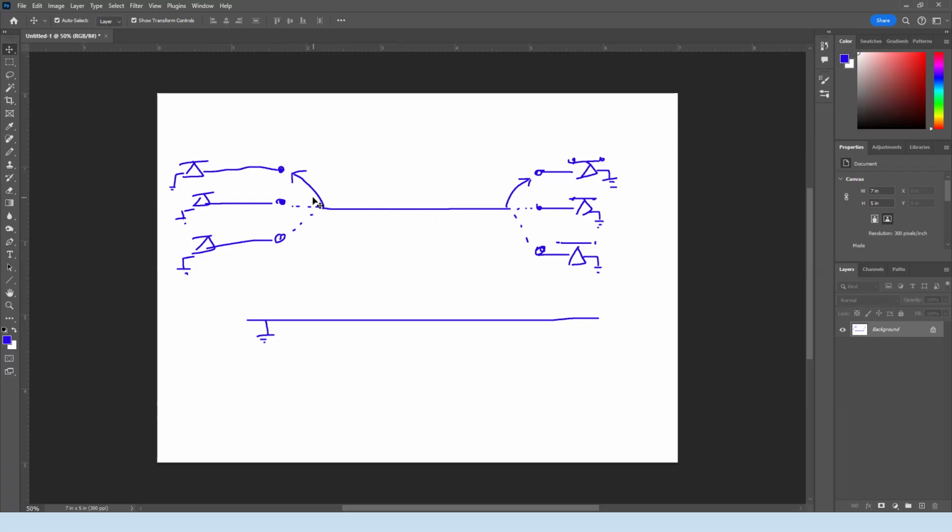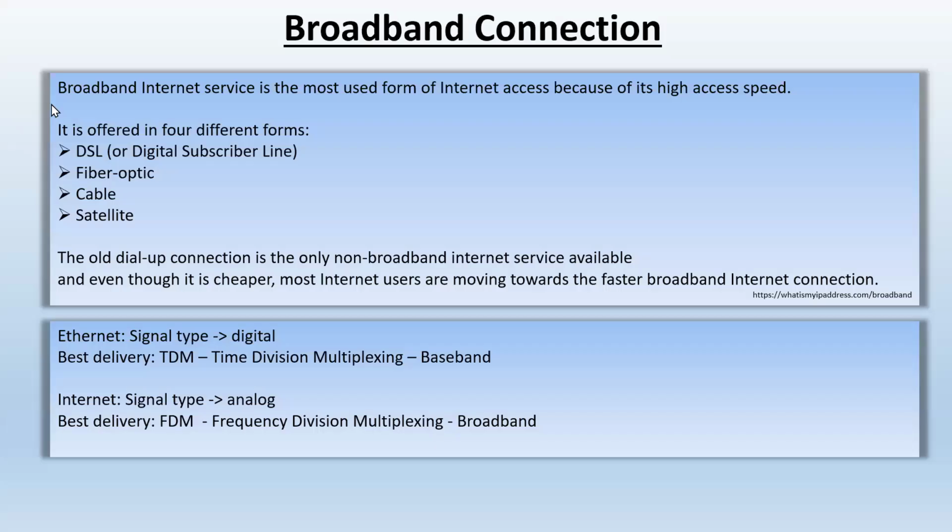So here is something that's called time division multiplexing. This line would carry one conversation at a time, but because the switching would be very fast, nobody would notice that the switching is happening, and they will be able to carry a proper conversation with each other. So that would be time division multiplexing.